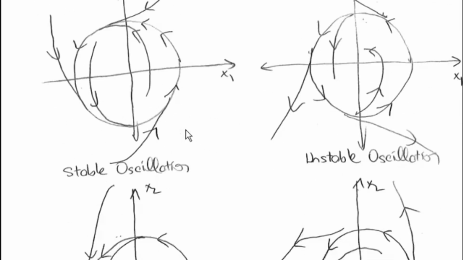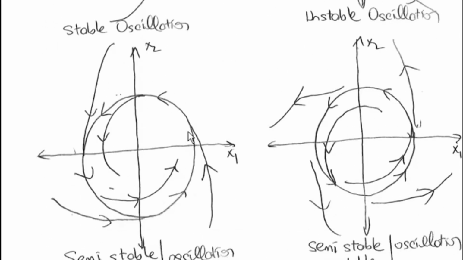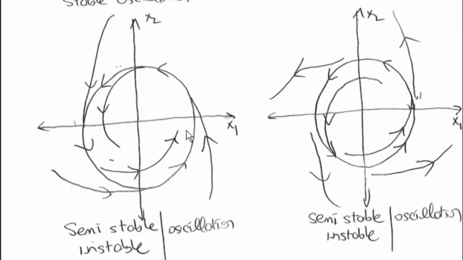There is a third kind of oscillation, called semi-stable oscillation. It is still an unstable type of oscillation, but sometimes it's called semi-stable. In that case, outside the circle, the trajectories converge to the oscillation, and inside they diverge from the oscillation. Or I have the opposite case: outside they diverge, inside they converge to the oscillation.